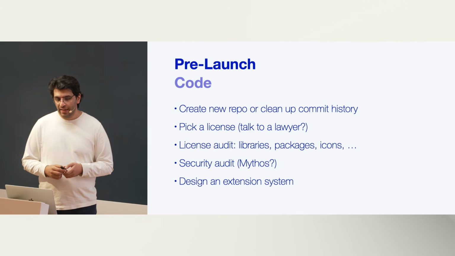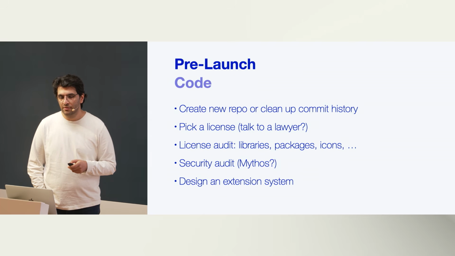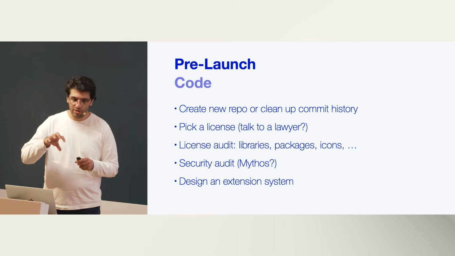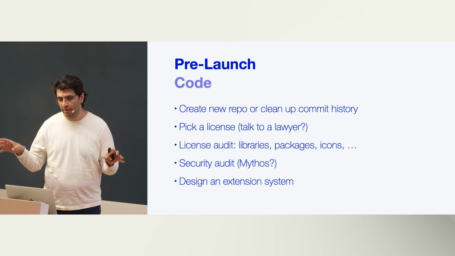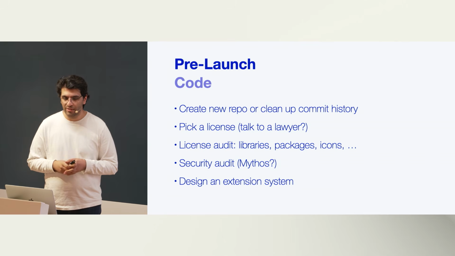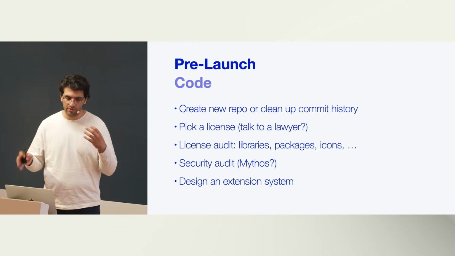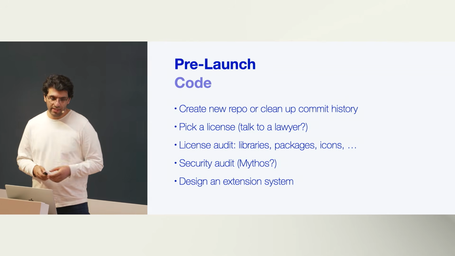Now, extension system: if you have a hosted version or a commercial version of your open source project, I strongly recommend you do this, because if you don't, having an open source project and a hosted version feels like building two completely separate products. It's incredibly painful. It takes a long time to develop the tooling, and it's going to cause a lot of issues because of the differences between environments and the requirements and end user expectations.